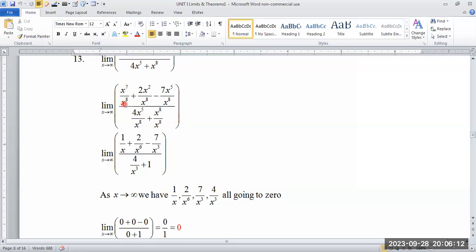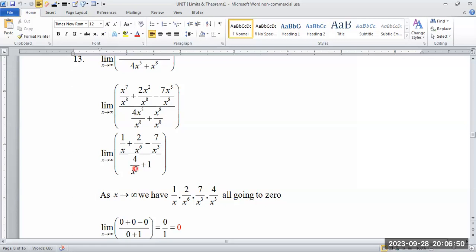X to the 7th divided by x to the 8th is equal to 1 over x. 2x squared over x to the 8th is going to be 2 over x to the 6th. 7x to the 5th over x to the 8th: all of x to the 5th can get into x to the 8th, leaving x cubed, so it's going to be 7 over x cubed. 4x to the 5th over x to the 8th is going to be 4 over x cubed.